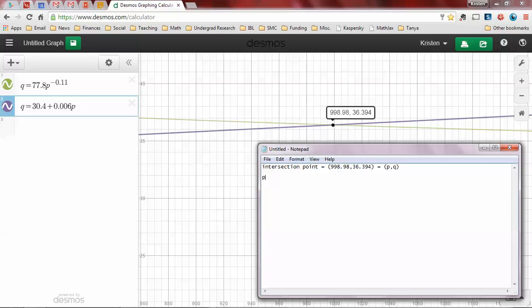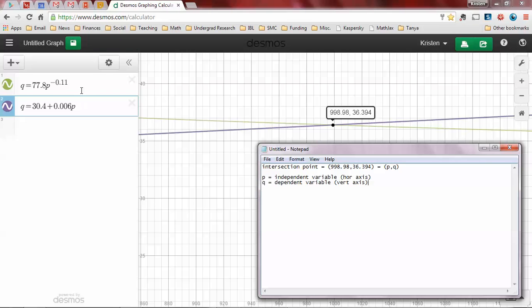So p in this case is the independent variable, and the independent variable always goes on the horizontal axis. And then, of course, q would be the dependent variable. This always goes on the vertical axis.